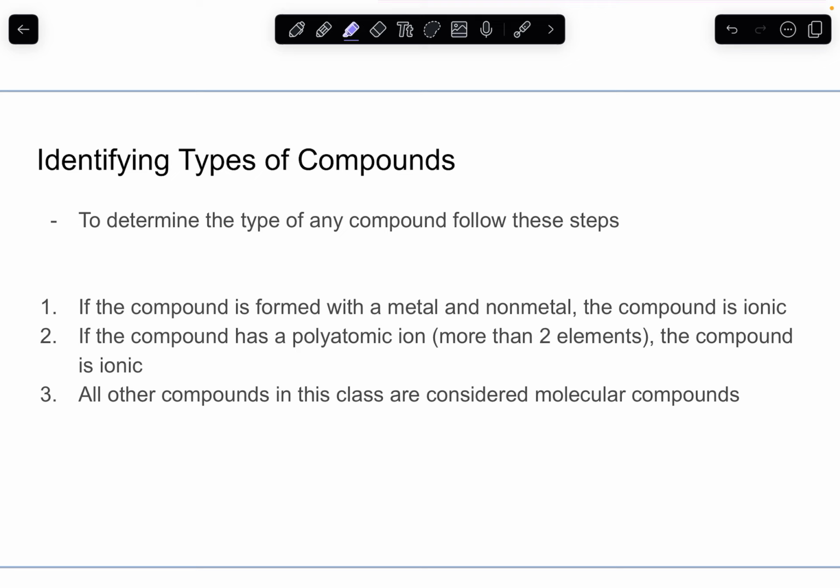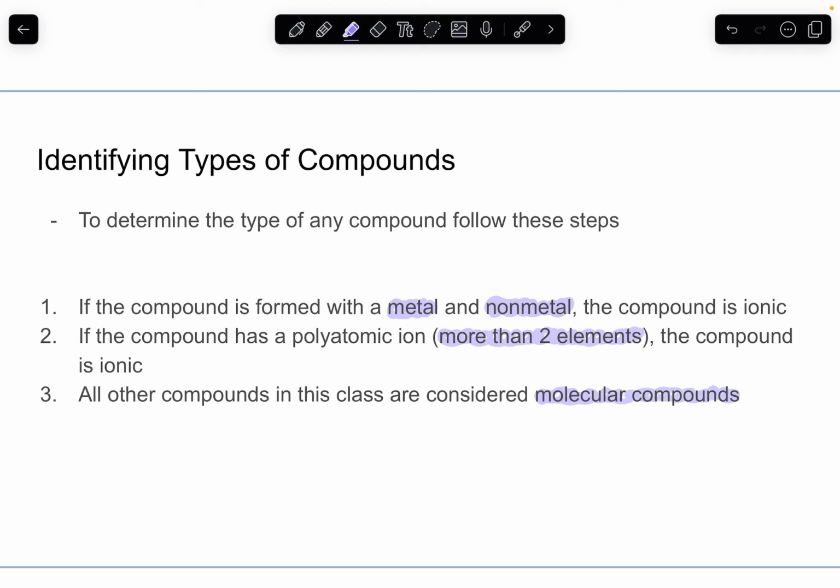To determine the type of any compound, follow these steps. If the compound is formed with a metal and a nonmetal, the compound is ionic. If the compound has a polyatomic ion present, meaning there are more than 2 elements in your compound, the compound is ionic. Any other compounds in this class are considered molecular.